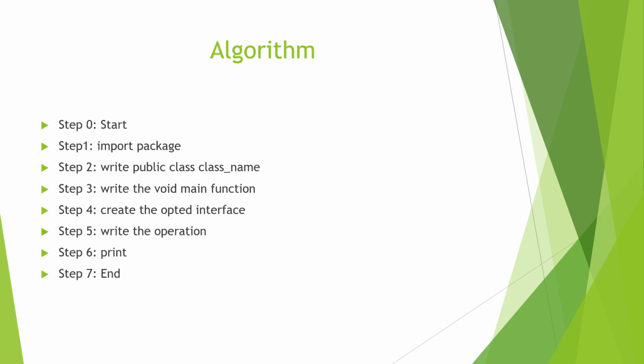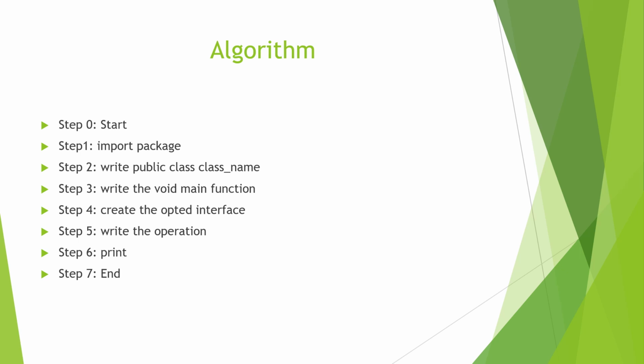So let's see the algorithm for how to write a program. First step is we start writing, then we import packages. The Set interface falls under the java.util package, so we have to write java.util over here. Then we write public class, any class name, whatever we feel right.